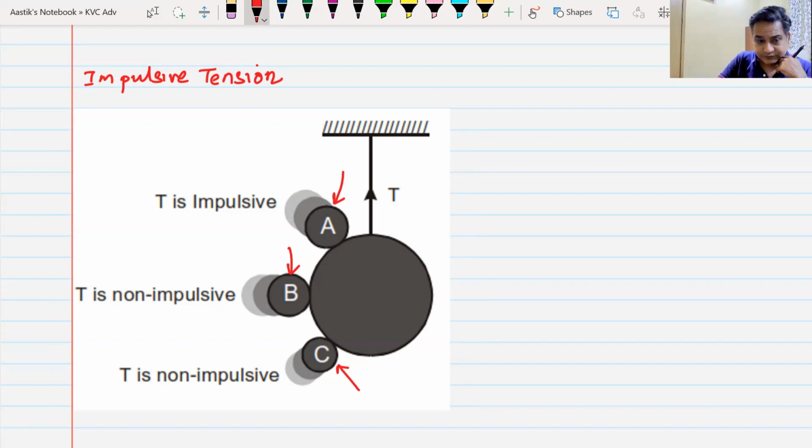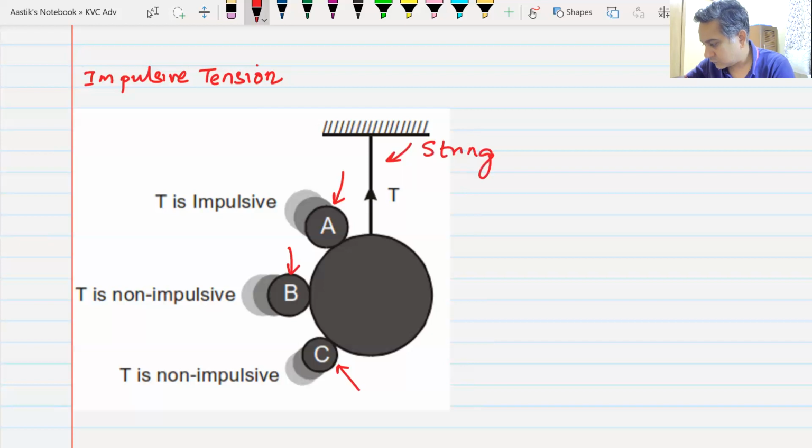Can you tell me why it is impulsive? This is the tension of the string. In case number A, as you can see, it is impulsive. In case number B and C, it is non-impulsive.